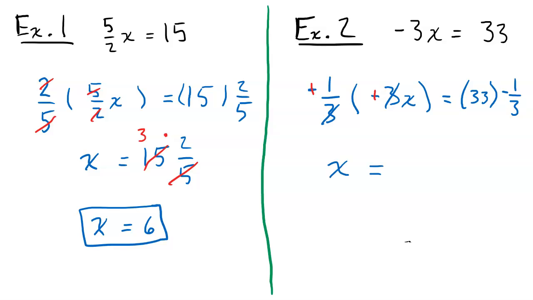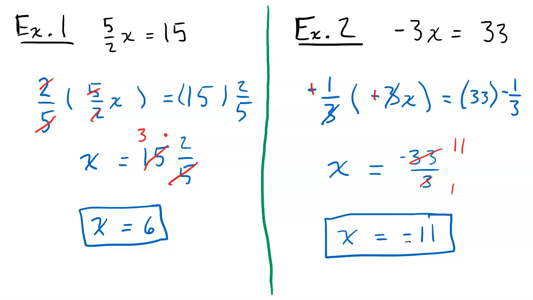On the right-hand side, this negative does not cancel out, but when we have 33 divided by 3, the 3s cancel out, this cancels to 11, this cancels to 1, and our solution is x equal to -11.